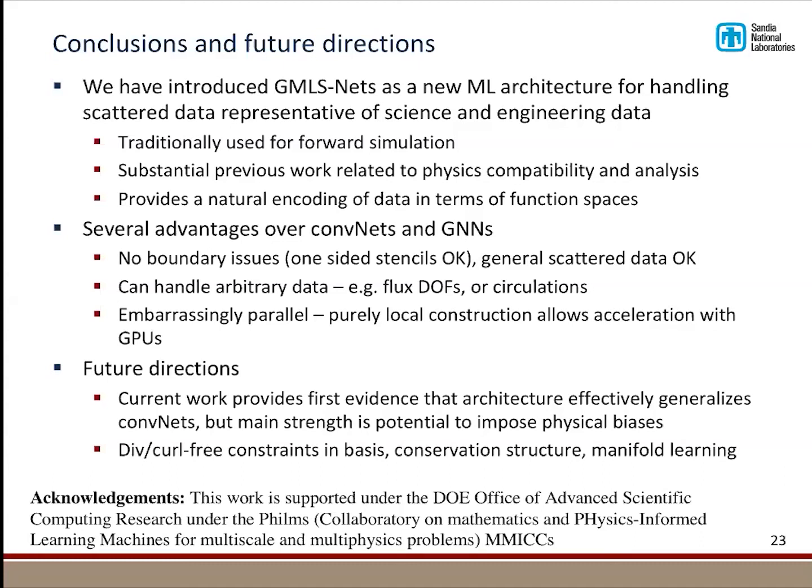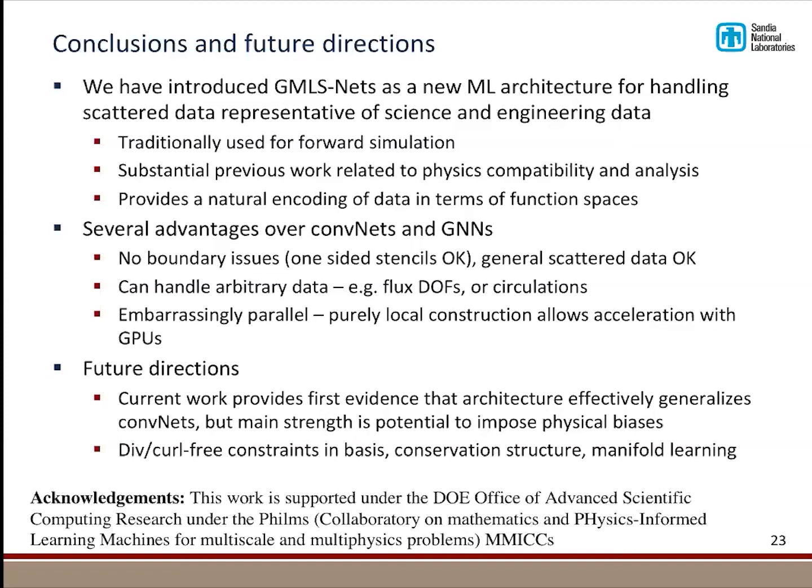You can work with the types of degrees of freedom that naturally come out of PDE discretizations, like traces for edge elements or fluxes for face elements and so on. And it's embarrassingly parallel. So basically, it preserves the local structure, the local stencil that you have from a convolutional network. Whereas, some graph neural networks, they're different flavors, but for a lot of them you have to solve a global eigenvector problem.